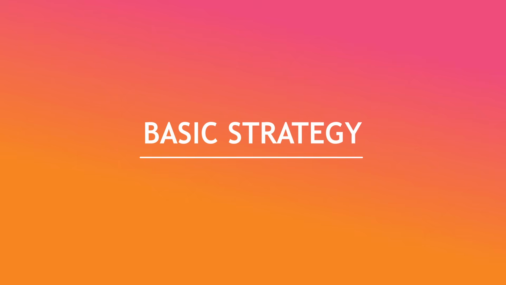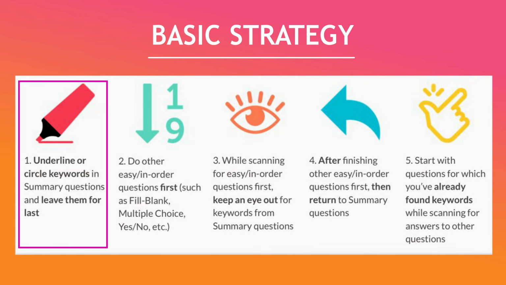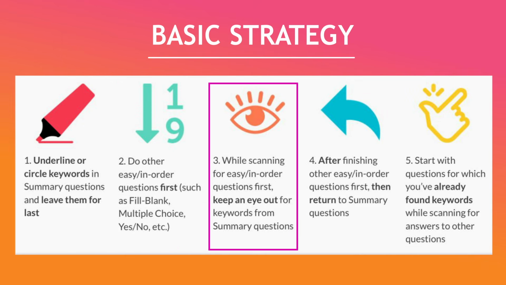Now, the basic strategy here is we start by underlining or circling keywords in summary questions and leave them for last. Then we do other easy or in-order questions first, for example, fill in the blank, multiple choice, or yes, no, not given questions.